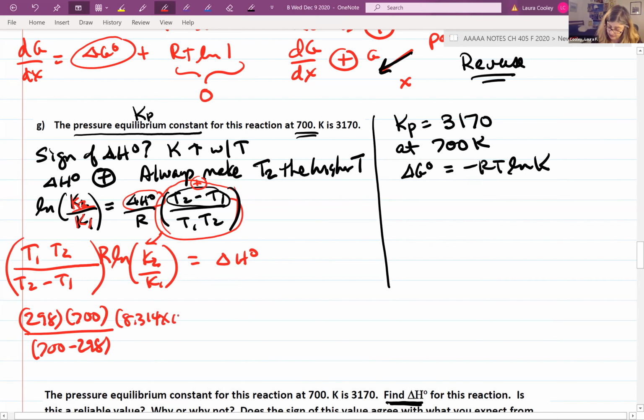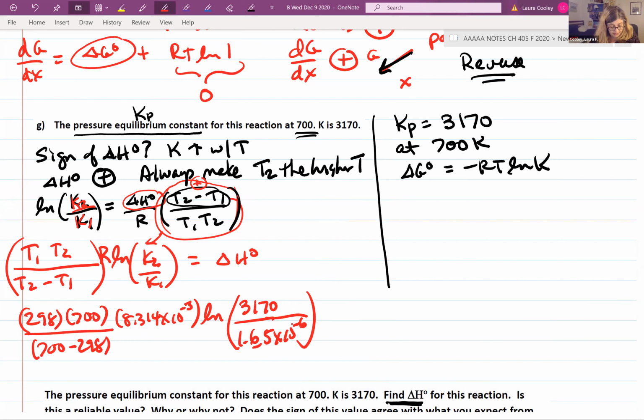You can put it times 10 to the negative 3, or you could divide by 1,000 later if you want. Log of 3170 over 1.65 times 10 to the negative 6. This is going to be a positive number with a much bigger number on top. And putting all that in, it comes out to 92.2 kilojoules per mole as the delta H0.